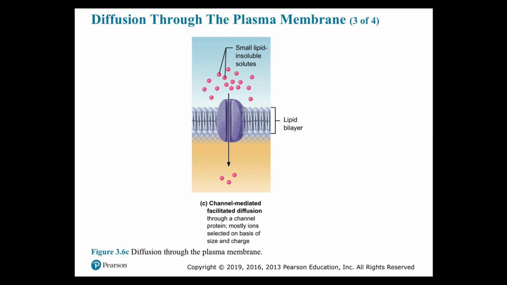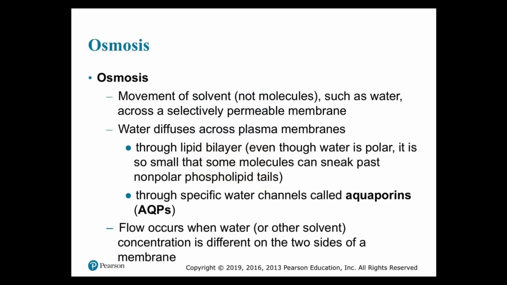So osmosis is another passive process of movement, but here it's the movement of a solvent, not solute molecules. So it's usually water across a selectively permeable membrane. Water diffuses across the plasma membrane through the lipid bilayer.